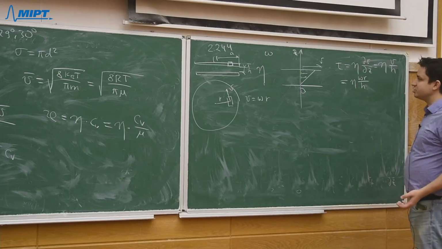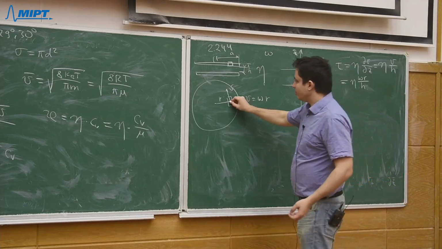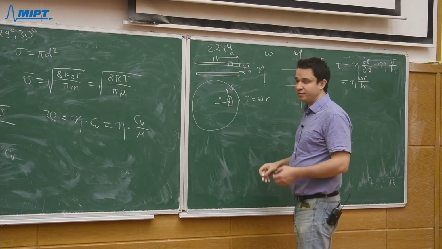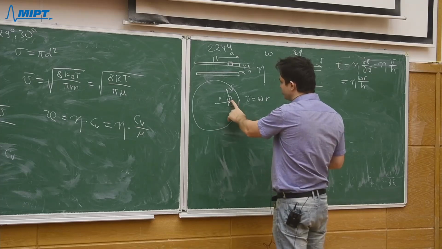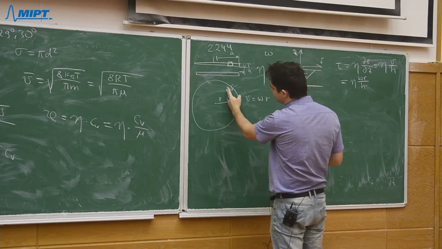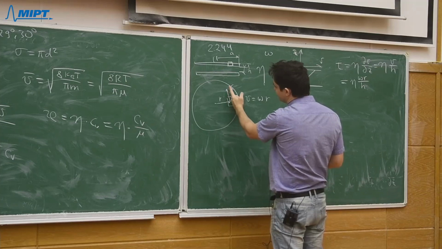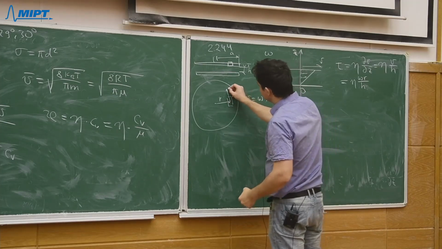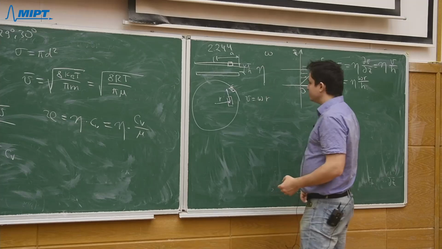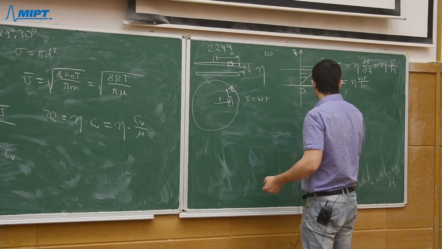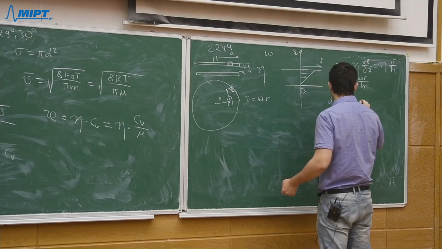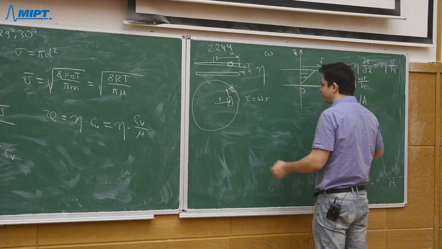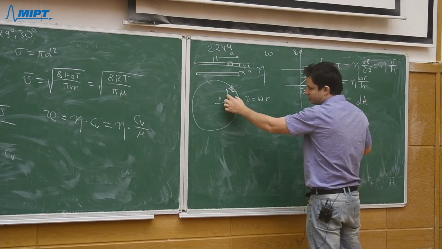Okay, that's the shear stress, but the shear stress acting on the disk which is below goes in the same direction as the velocity of the disk above. So it goes in this direction, and this shear stress produces the force dF, which is equal to the product of the shear stress by the element of area dA which we consider.